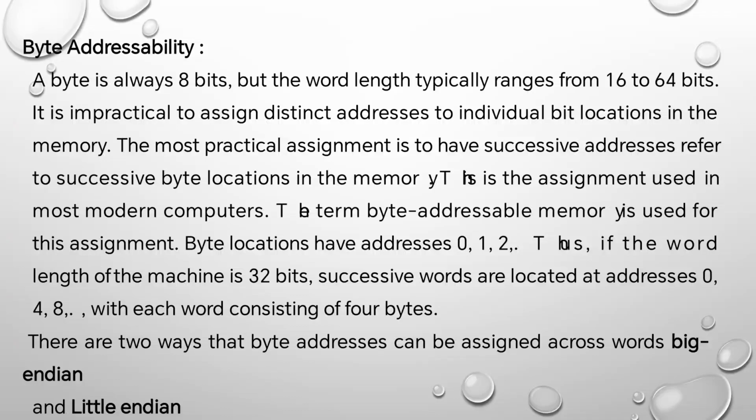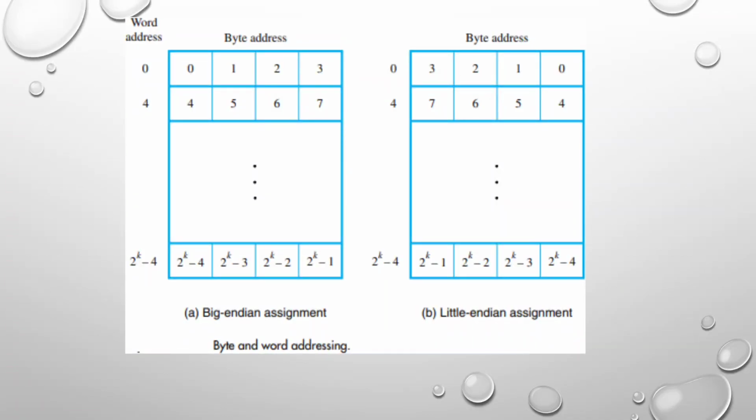Byte locations have addresses 0, 1, 2, and so on. Thus, if the word length of the machine is 32 bits, successive words are located at addresses 0, 4, 8, and so on, with each word consisting of 4 bytes. There are two ways that byte addresses can be assigned across words: Big Endian and Little Endian. This is the representation of Big Endian assignment as well as Little Endian assignment.